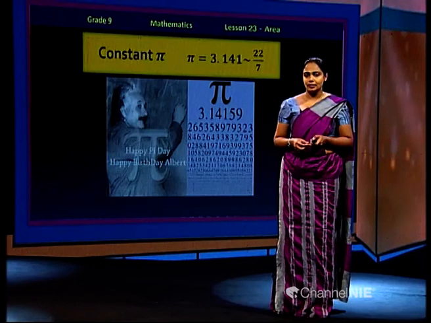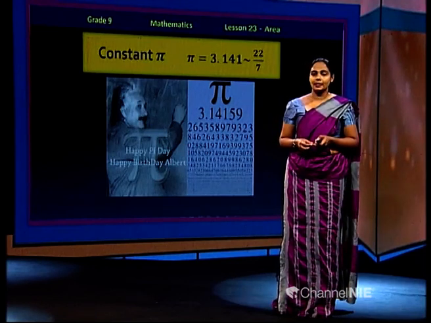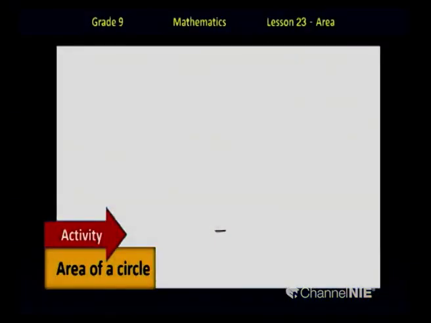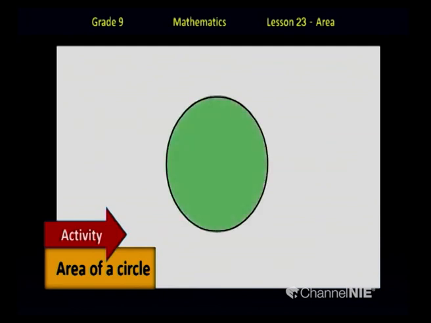Now my dear students, let's go to our topic. We are going to find the area of a circle. Let's see this small activity. It is very nice. Observe what is happening there.